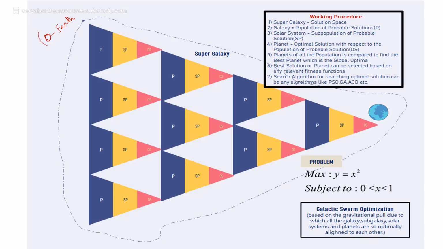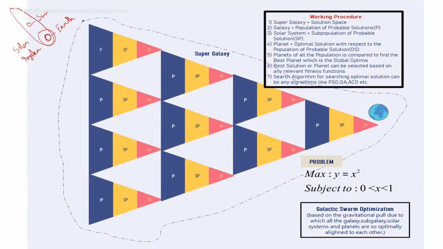Where is this Earth located? This Earth is located in the solar system. It rotates around the sun along with the other 8 planets. So Earth is located under the solar system.